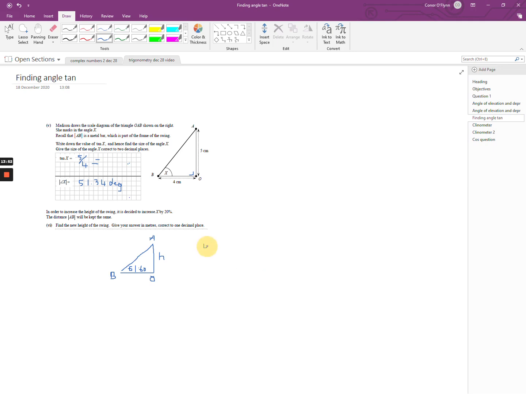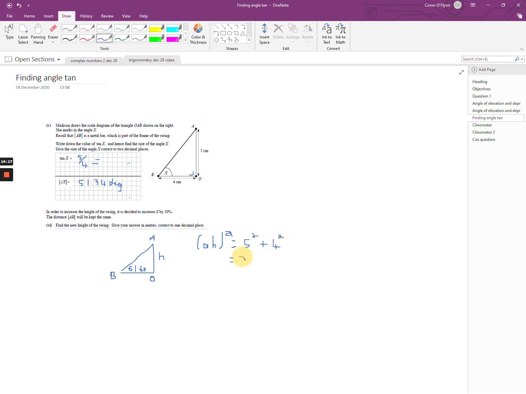AB squared equals 5 squared plus 4 squared. The hypotenuse squared equals the sum of the squares of the other two sides.